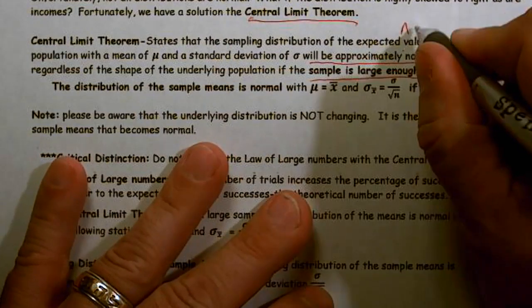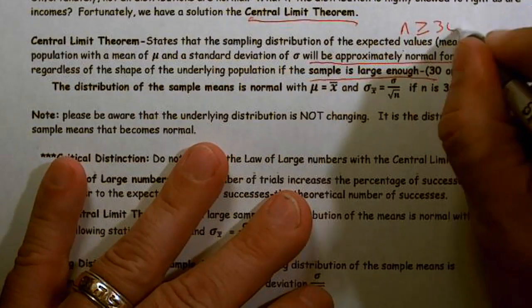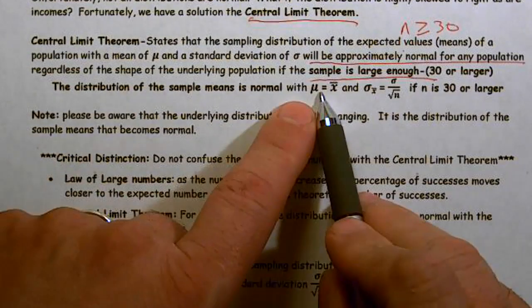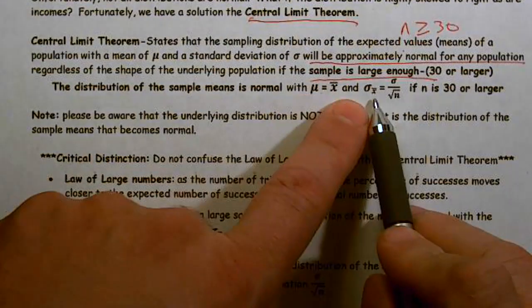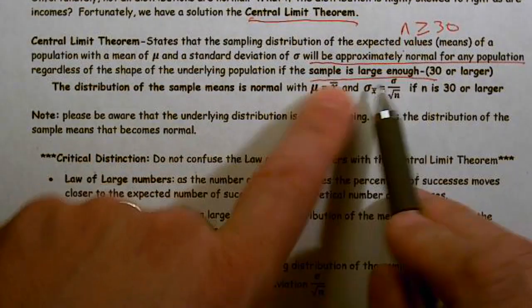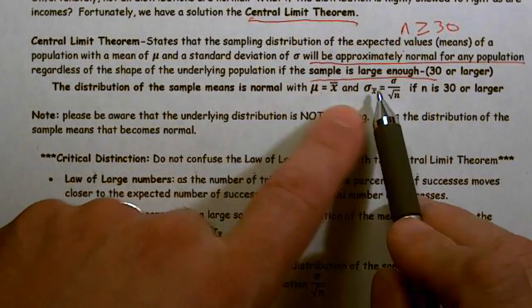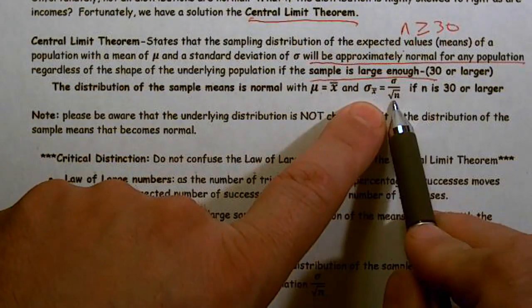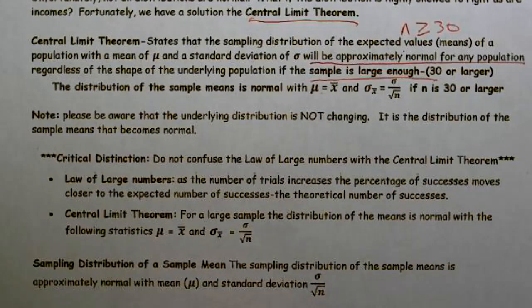So if n is greater than or equal to 30, we can say it's normal by central limit theorem, even if the underlying population is not normal. Once again, the mean is still the mean, and the standard deviation will always follow. When we're talking about means, the standard deviation of the mean is always the standard deviation divided by the square root of n, if n is 30 or larger.